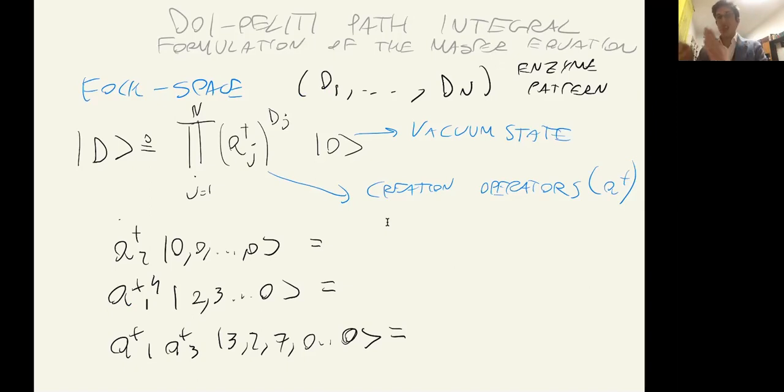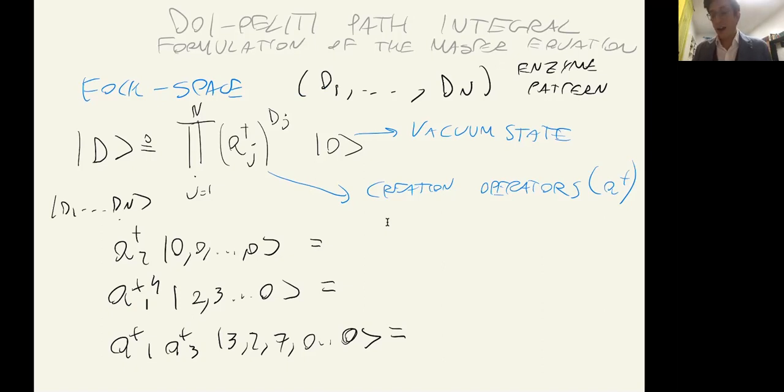So we have a certain pattern of methylation, and what I would define, this is just a definition for now, is what is called the Fock space. This is this weird symbol that, if you have never seen it, we call a ket, ket of D, where this D stands for D1 up to Dn, so it will look very similar to this pattern.